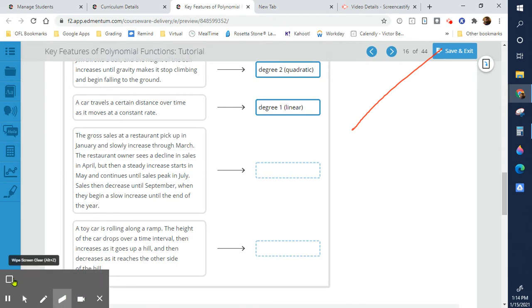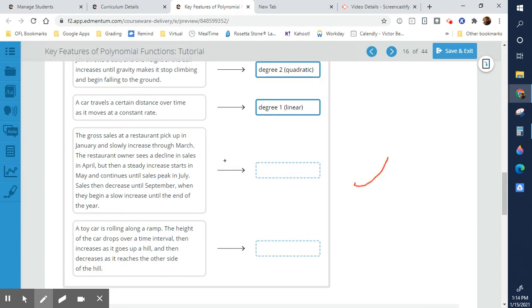Gross sales. Let's see here. So the gross sales at a restaurant pick up in January. So in January it goes up slowly. Okay, so sales. At first it was low, then it picks up in January, and slowly increases throughout March.